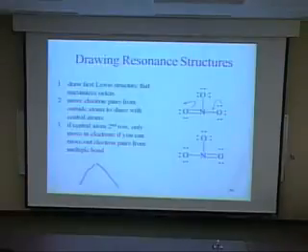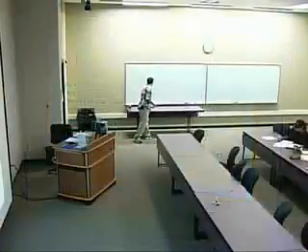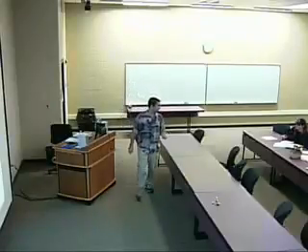If I have whatever my structure is, I'm just going to say that X represents this guy right here. So there's my first structure, then there's my second structure, and here's my third structure. All that you would have to do is write out all three, and then just do this. That's all you've got to do. And that shows me that those are the three resonant forms for that Lewis structure.